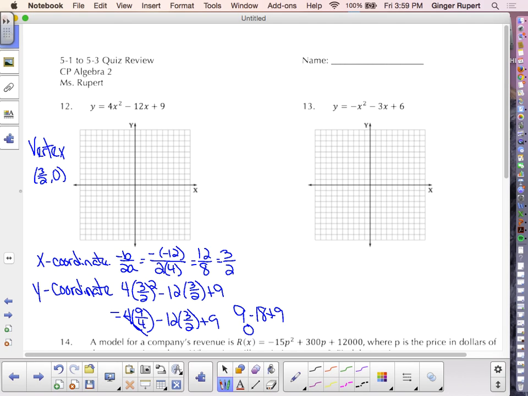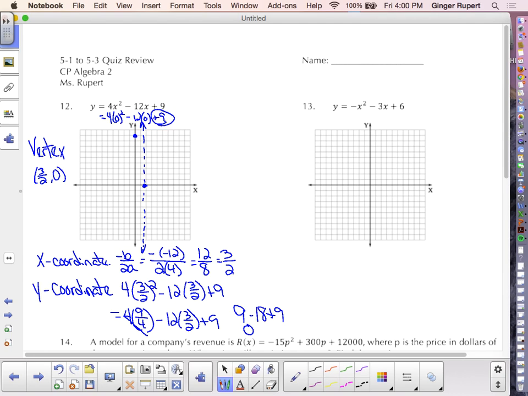That means my axis of symmetry is at 3 halves. My vertex is here. My y-intercept, I'll substitute a 0 in. Remember, you don't even have to do this, as long as you remember that the y-intercept is C. 1, 2, 3, 4, 5, 6, 7, 8, 9.